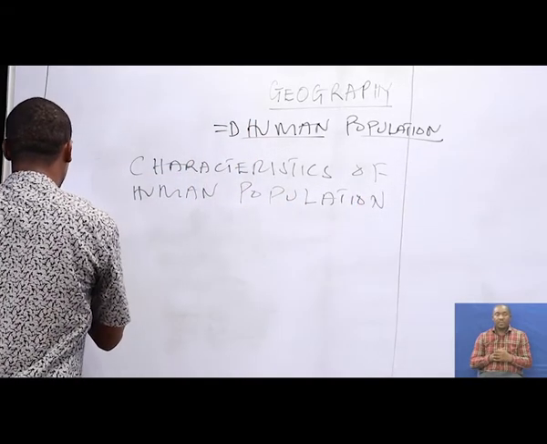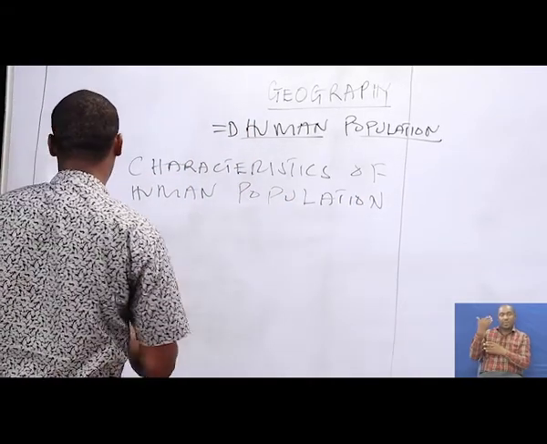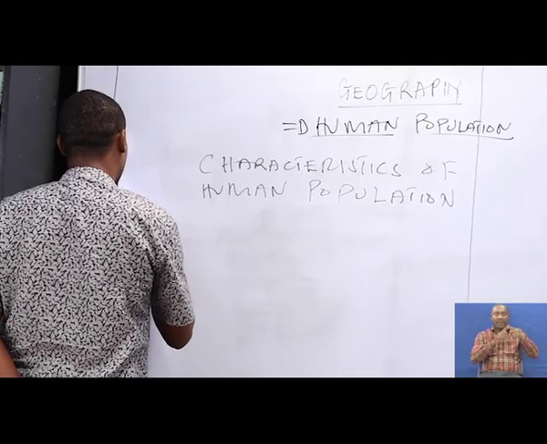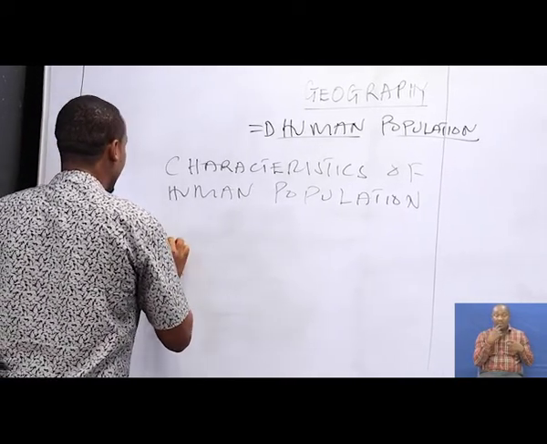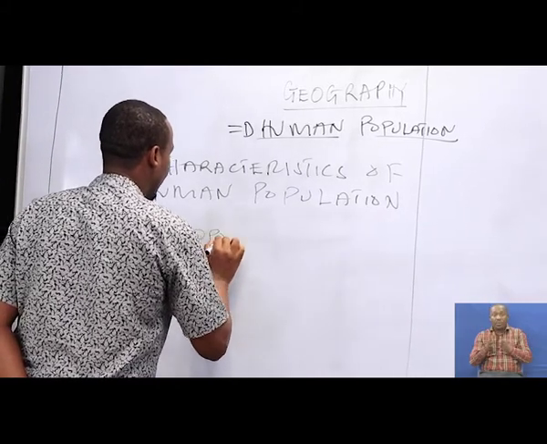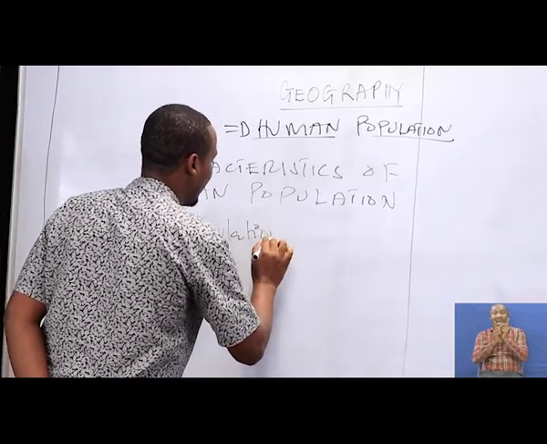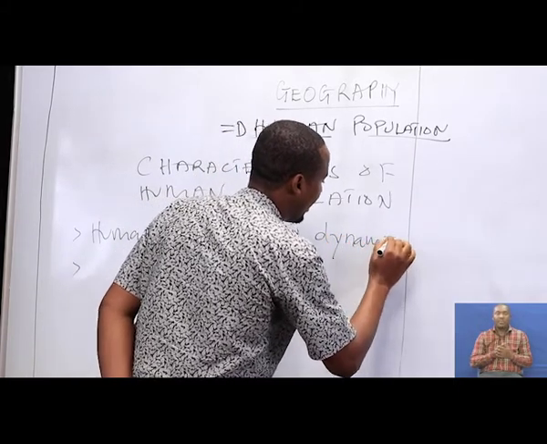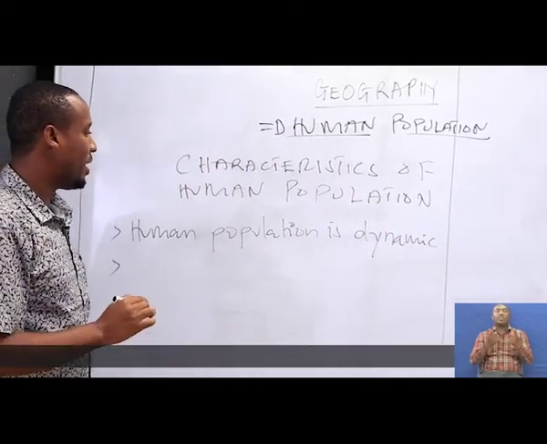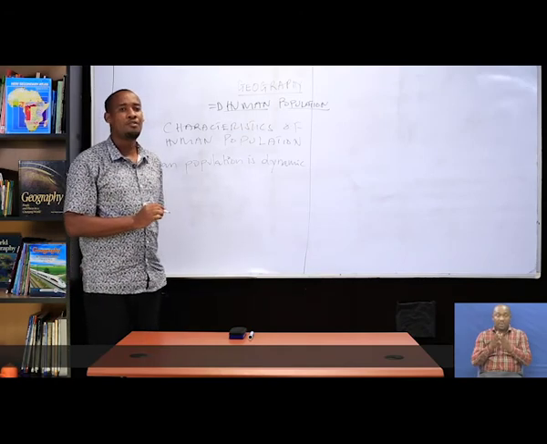Previously we discussed the first and the second characteristics. The first characteristic, I said, is that human population is dynamic. Human population changes over time.